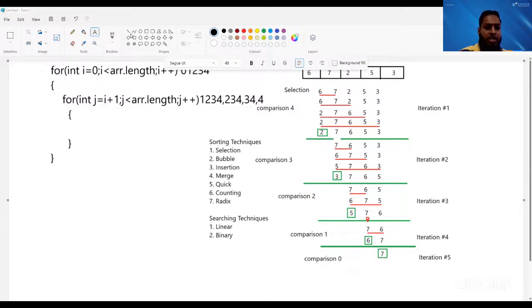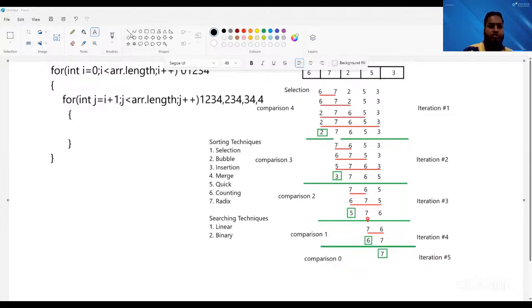So like a bubble, like a wave, it keeps on moving. So this is the difference. What were we doing in selection sort? Comparing the first number with all the numbers, right? But here in bubble sort, you have to move ahead. You have to progress. This is your bubble sort.